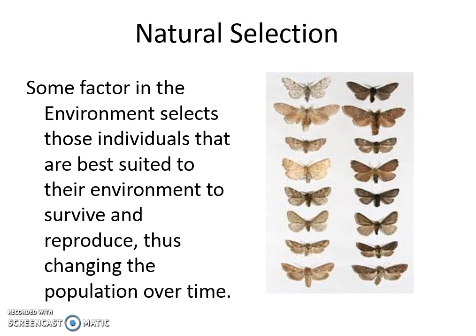Those can all affect a population, but we're just going to focus on natural selection for today. And the big idea here is that there's some factor or factors in an environment that are going to select or choose the individuals that are best suited. They get to survive and they get to reproduce. And over time, you see a shift in the population.